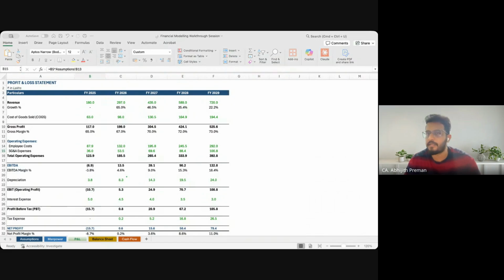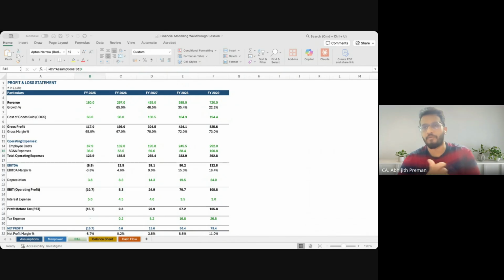Then selling, general and administrative expenses, like I've told, is again linked to the key assumption sheet. It's also a percentage of the revenue, which we have assumed so far. Again, these assumptions are what I've taken for a simple standard session. When we do a proper financial model, the assumptions would be more realistic.